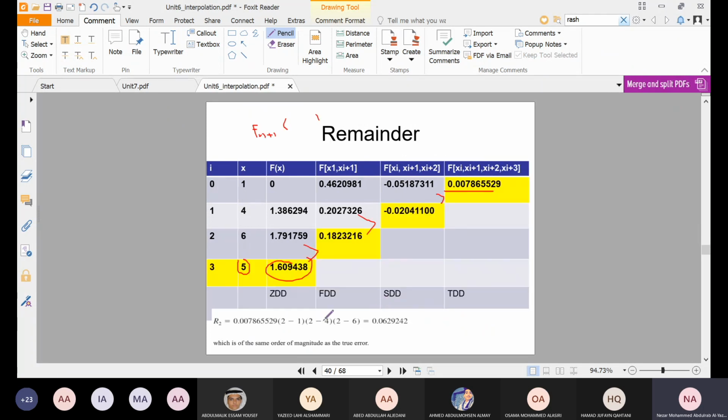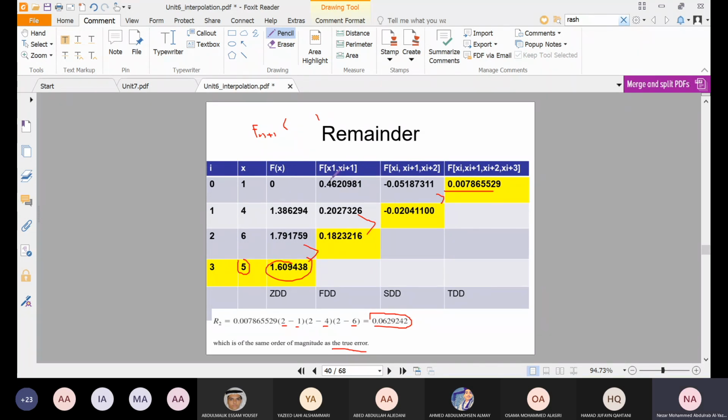This is the divided difference at n plus 1, and this is the unknown x, because the function at 2 is unknown to us. We just apply this and find the truncation error. The truncation error is of the same order of magnitude as the true error. If you compute the true error, it will be in the same order of magnitude.